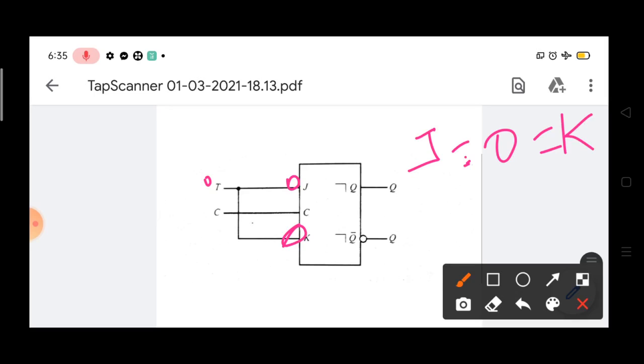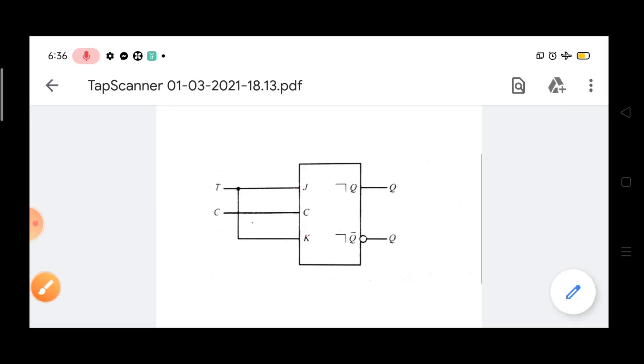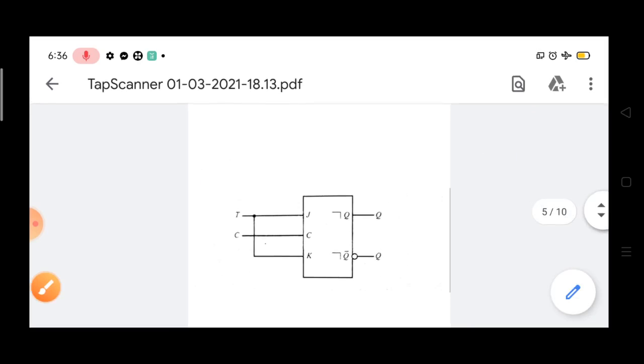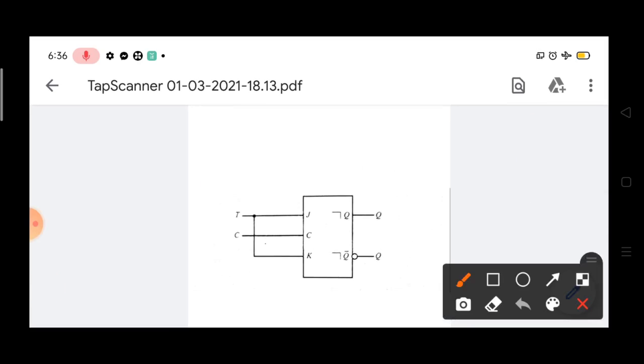For this, you have to look back at the JK flip-flop. For the JK flip-flop, we had seen the function table. Just a minute, I'll take you through the function table of the JK flip-flop. I'll write it down here.